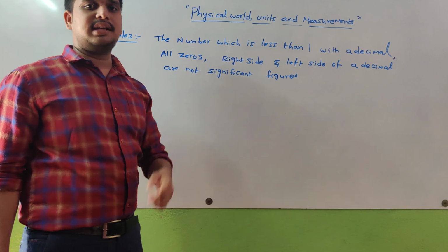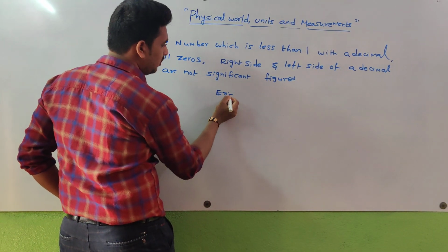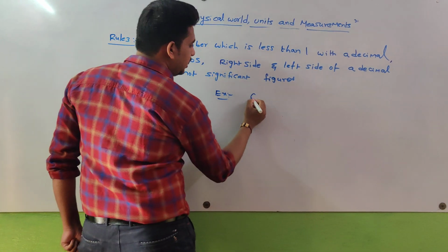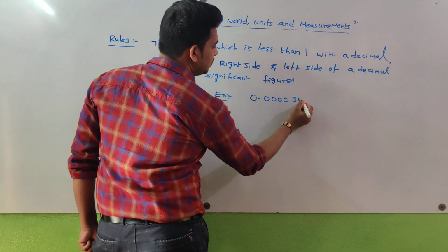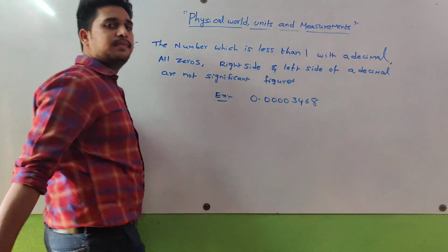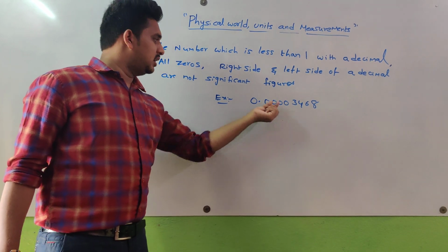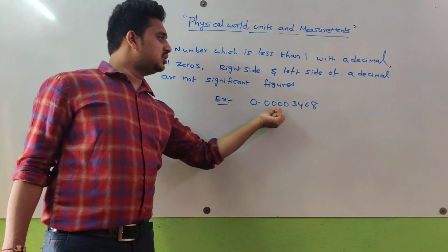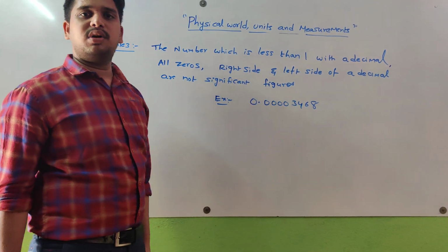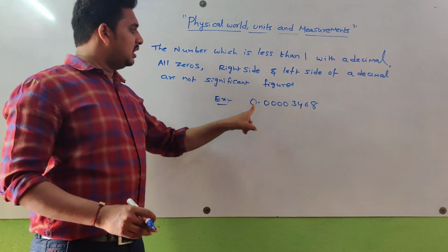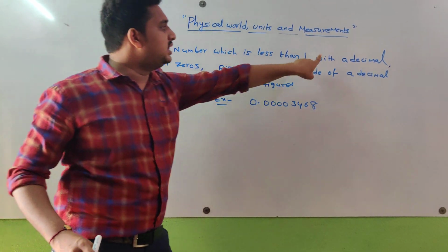Let us consider one example. Observe here, 0.00003468. This number is definitely less than 1, with a decimal.